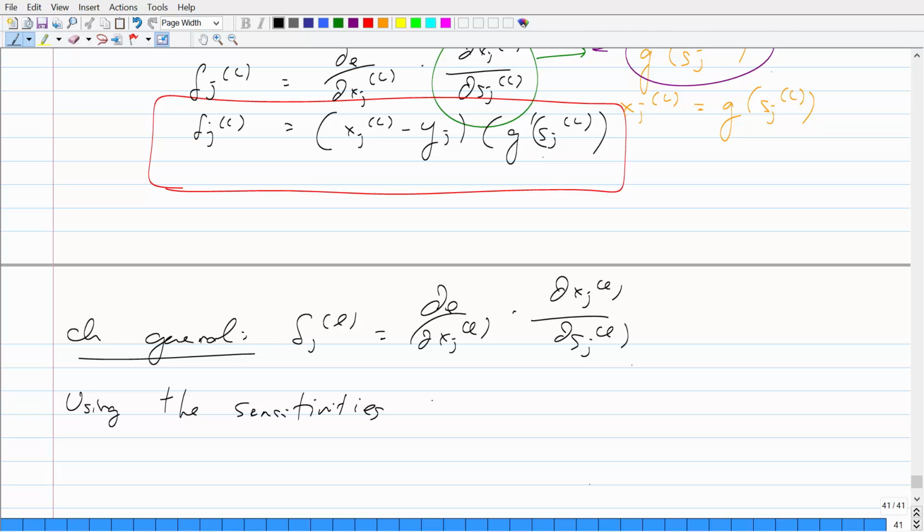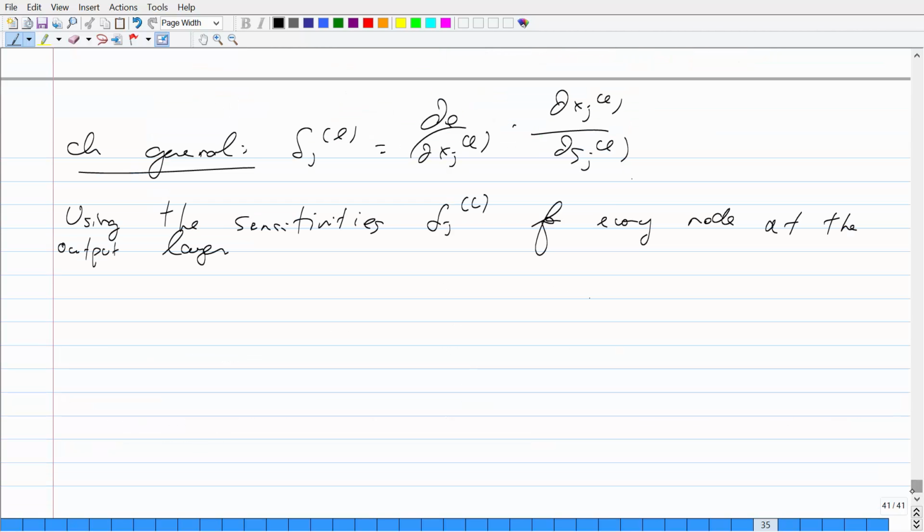Using the sensitivities, delta j L, for every node at the output layer, we find all of the other layer sensitivities.